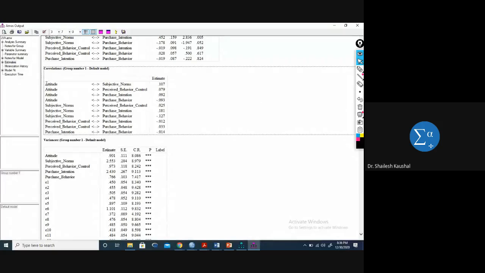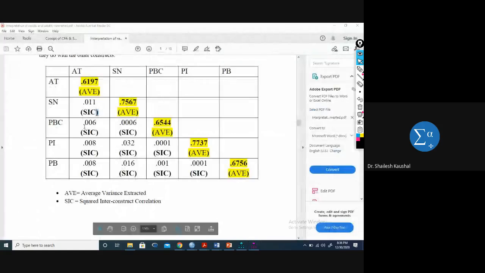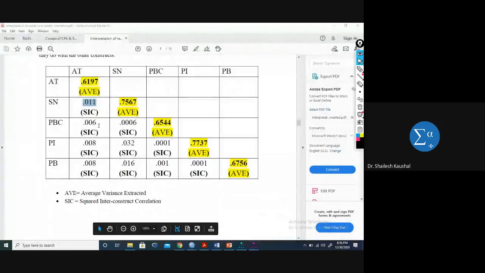Attitude with subjective norm is a simple correlation, and we square this value, attitude and subjective norm, and after squaring it we put it here. In the same way we take the value of this, square it, and put it here. So this is the interconstruct correlation, and we need the squared interconstruct correlation.